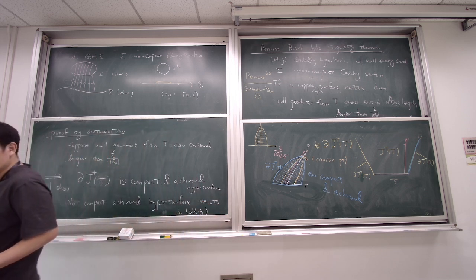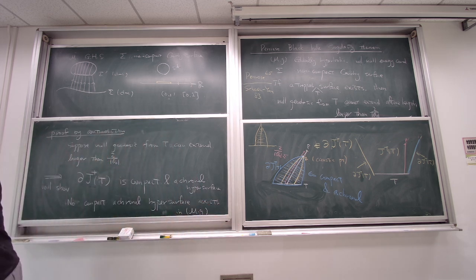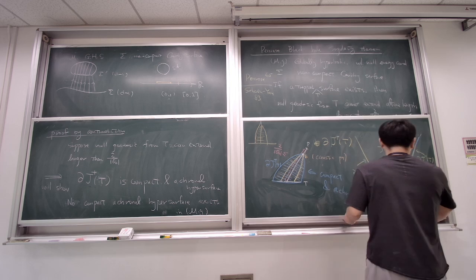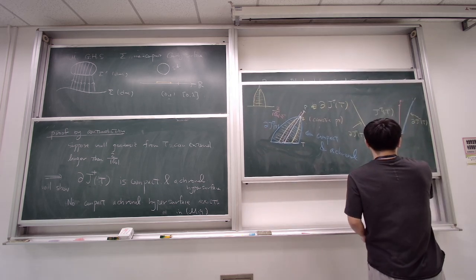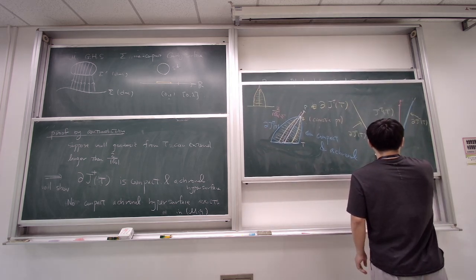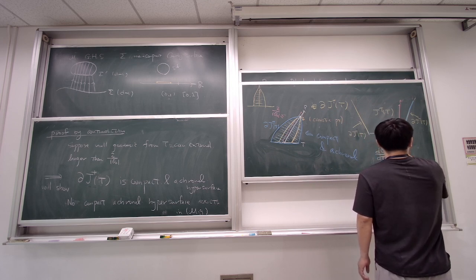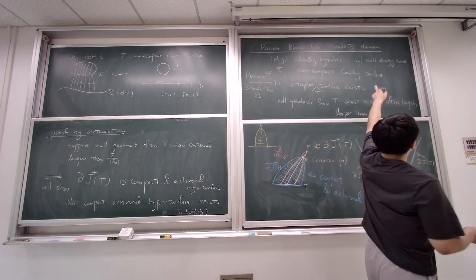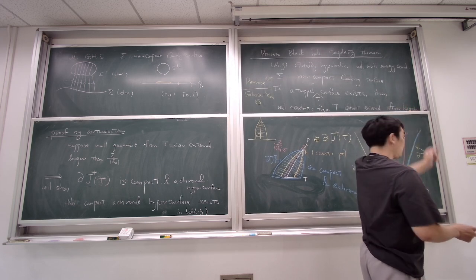Why specifically 2 over theta 0? Because the focusing theorem tells us, from the Raychaudhuri equation, as we know, d theta d tau plus theta squared over 2 has to be less than or equal to 0 with the null energy condition.